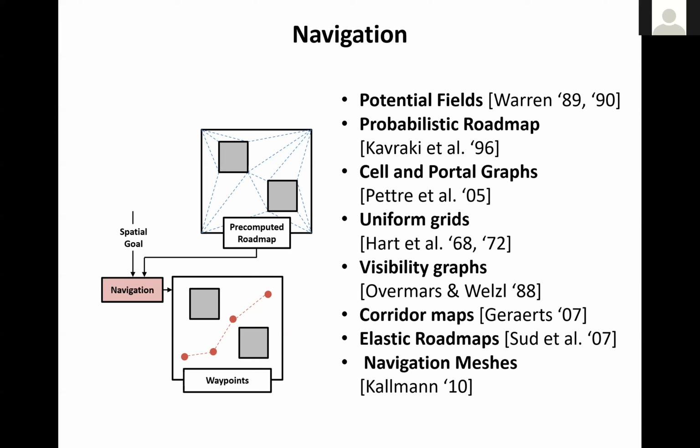Other approaches, which I won't go into detail about, include probabilistic roadmaps, which again arise out of robotics research, cell and portal graphs, and of course uniform grids, which are the simplest discretized representation of environments. Visibility representations assume some kind of triangulated representation, such as Voronoi diagrams, for example. Then there are corridor maps, roadmaps, and most recently, navigation meshes.